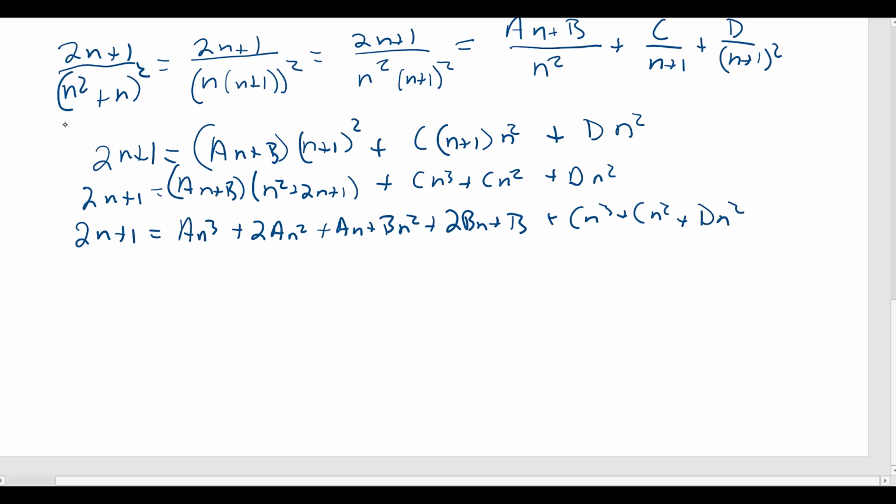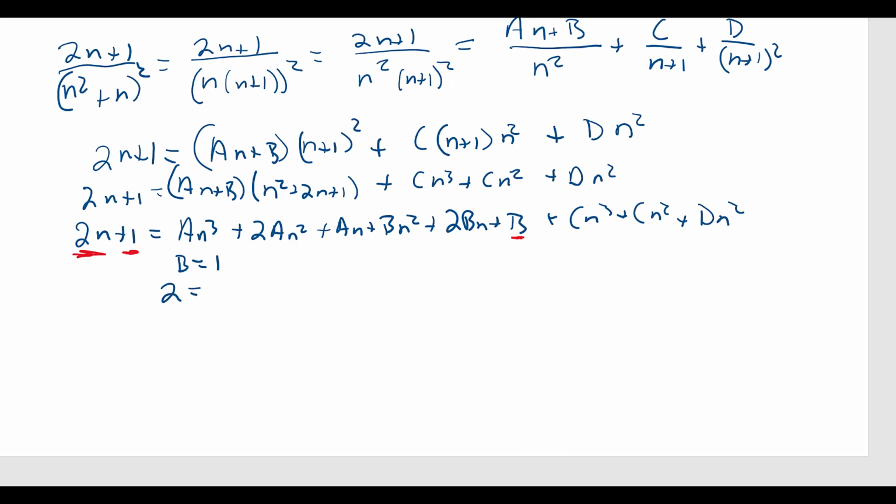The first thing I notice is that in terms of constants, on the left I have a 1, and on the right I have a b. So right off we know that b must be 1. Now if we look at our n terms, on the left we have a 2.